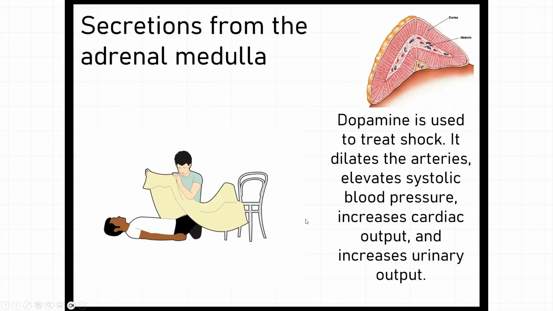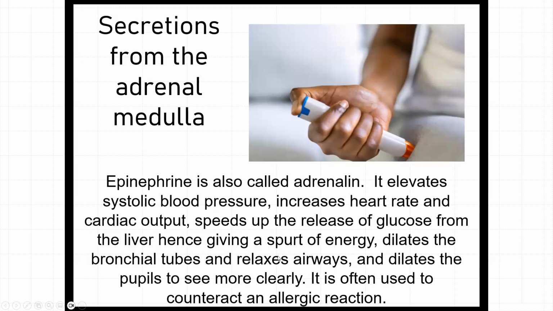Secretions from the adrenal medulla. Dopamine is used to treat shock. It dilates the arteries, elevates systolic blood pressure, increases cardiac output, and increases the urinary output. Epinephrine, the most important hormone, is also known as adrenaline.